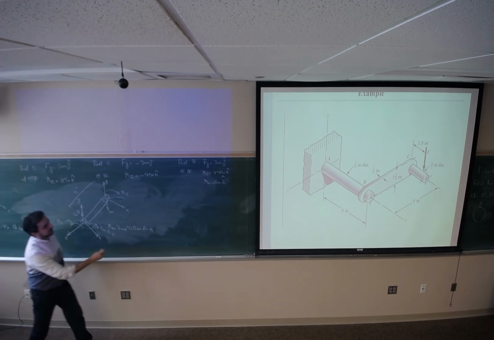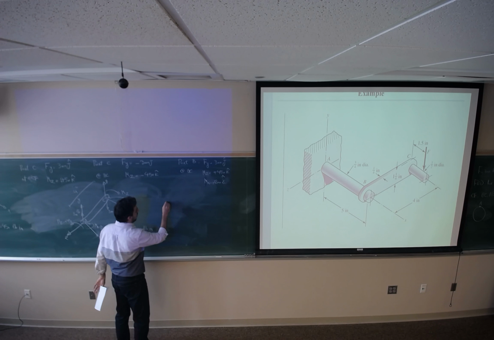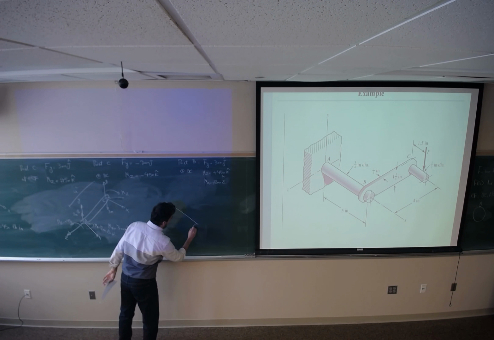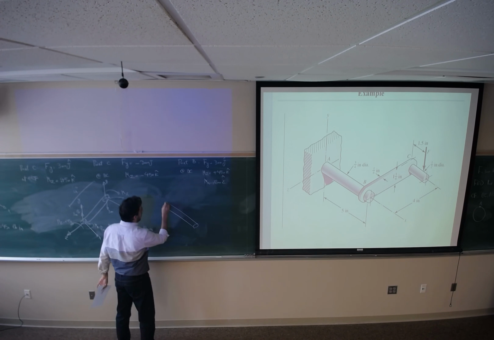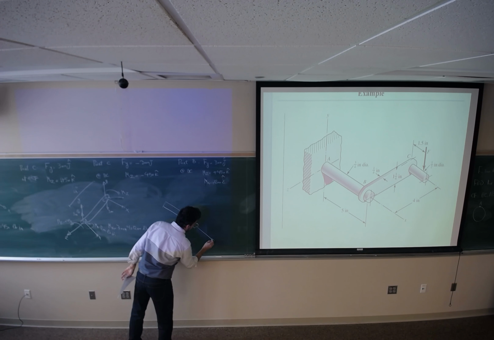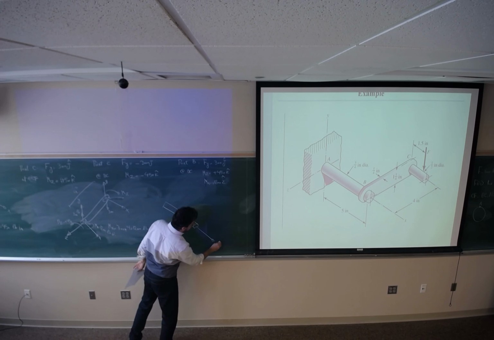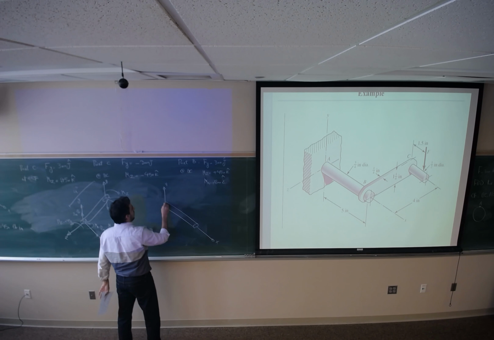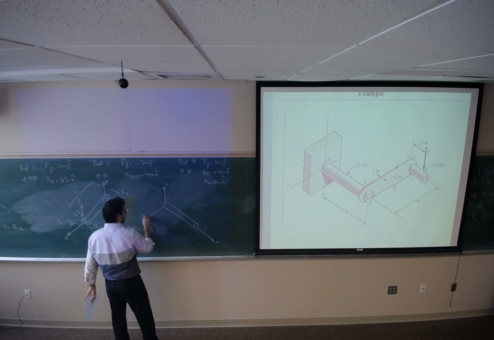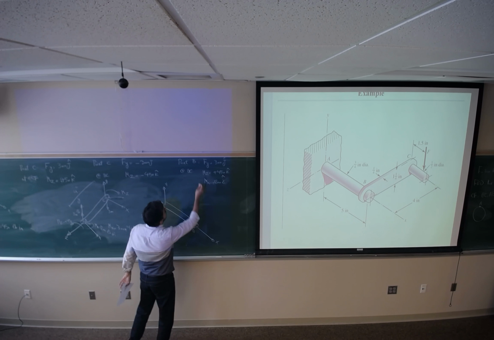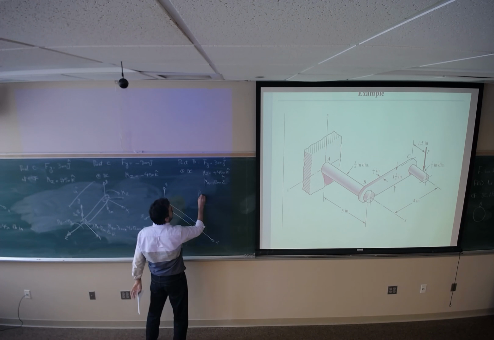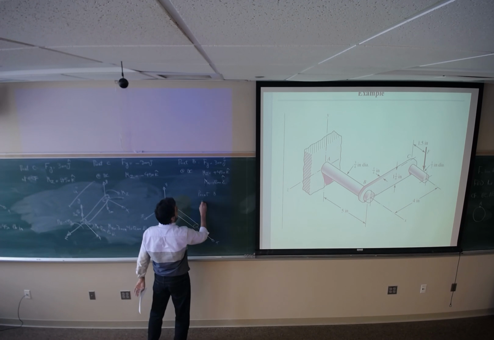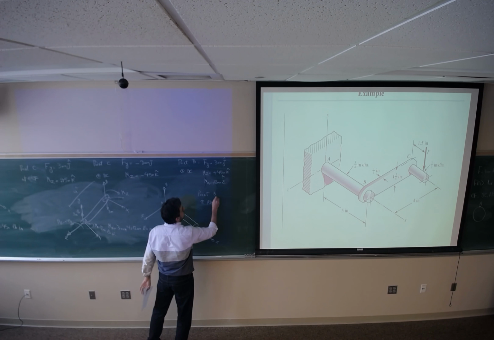Before we go through part AB, this is axis X, axis Y, and axis Z. Point A, point B. Point B at AB is gonna see the opposite.